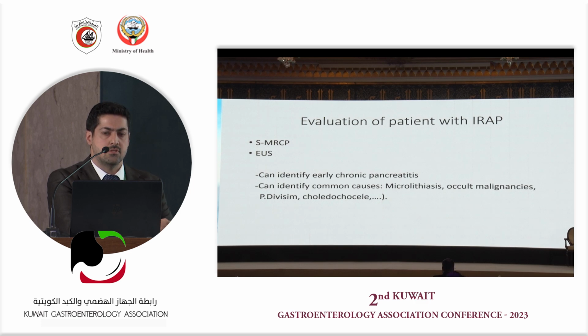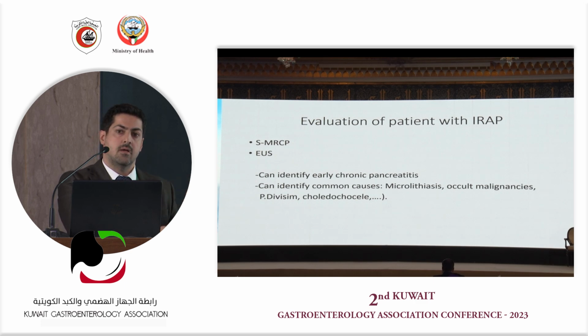Those imaging modalities, especially EUS, will identify patients with early chronic pancreatitis, so you can follow the chronic pancreatitis pathway rather than the acute one. They can also identify common causes such as microlithiasis, occult or small malignancies. As we know, malignancies less than 2 centimeters are really hard to detect by traditional imaging compared with EUS. It can also identify pancreas divisum, choledochocele, and other common causes of acute pancreatitis.